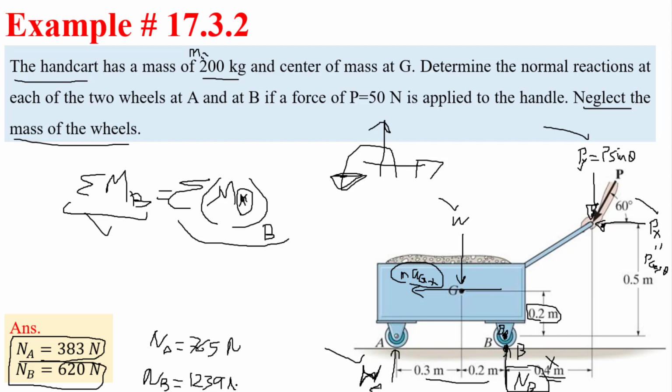So where is the problem? Why is it not the same? If you notice, use the highlighter: determine the normal reactions at each of the two wheels. We have two wheels at A, and we have two wheels at B. So this value must be divided by 2 in order to account for each wheel, and this one also must be divided by 2.